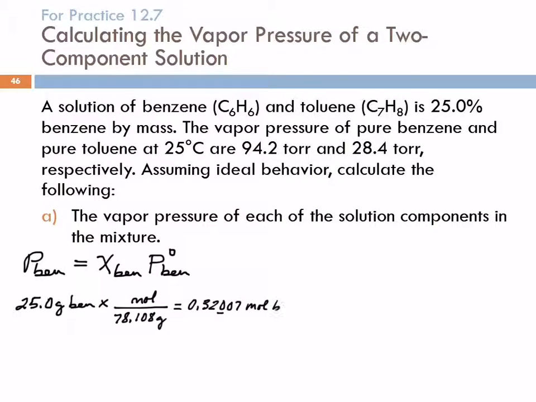That's moles of benzene. Then I must have 75 grams of toluene. I'm going to call it tol. I calculate the molar mass of toluene. Correct me if you find any mistakes. I got 92.134 grams per mole. And doing the math there, I get 0.81403 moles of toluene.